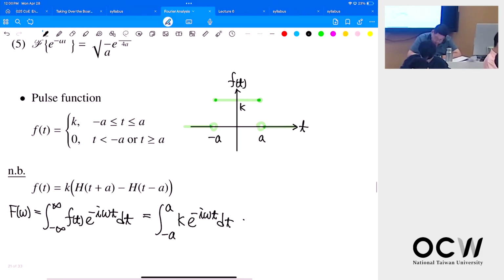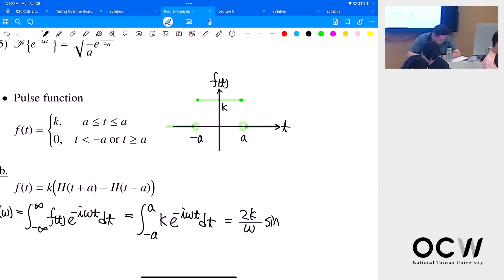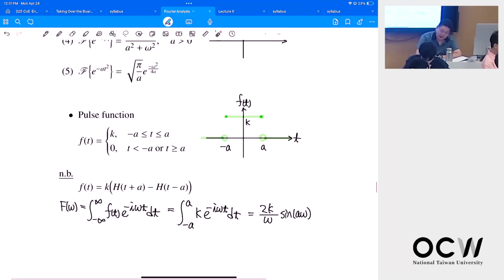So you get 2k over omega times sine a omega. This is a sinc function.